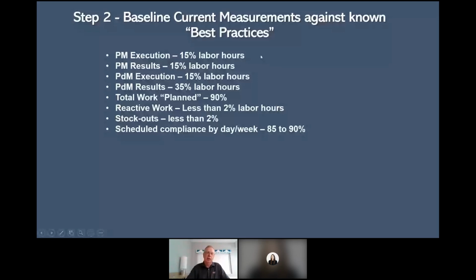You guys tell me, text it in, what is your schedule compliance? And if you don't measure it, just say, I don't know. Okay? Text it in to me. Still waiting. A few people are typing or thinking. Leave one for 80%. And if you don't know, say, I don't know.